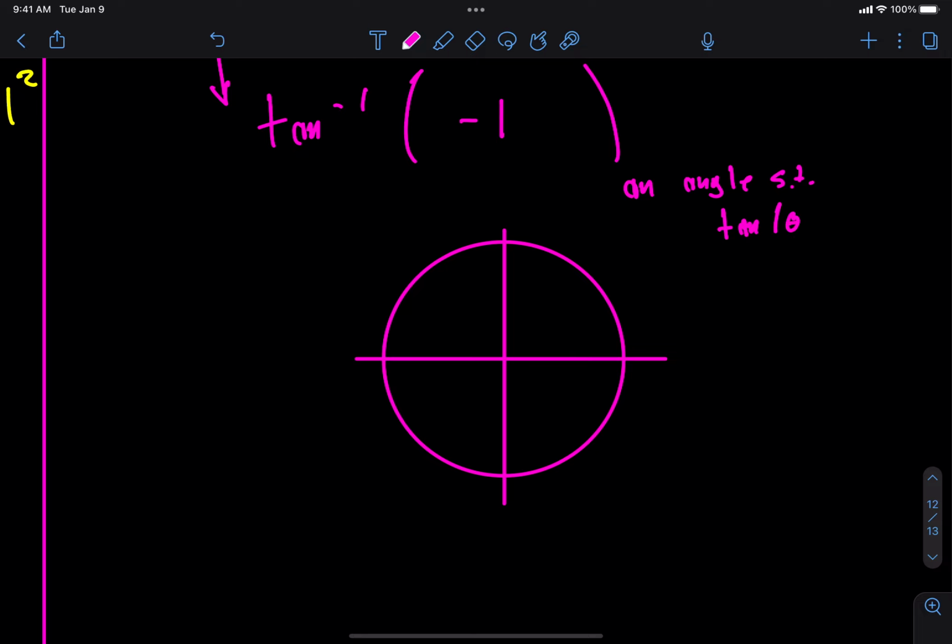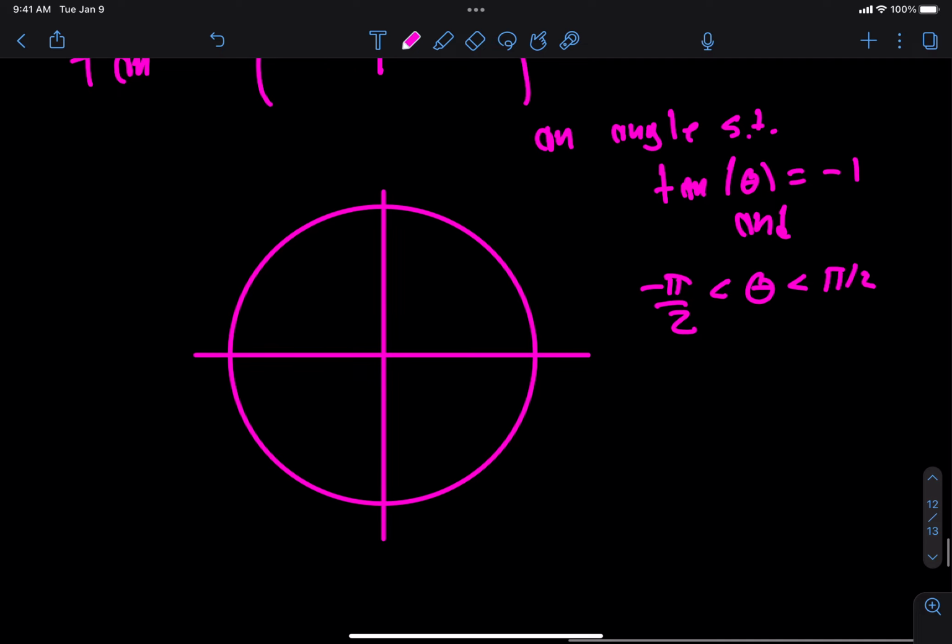Tan of that angle is negative 1, and what's the other thing that needs to be true for tan inverse? Not only does the angle need to give us a tan output of negative 1, but we also need one other thing to be true about that angle. That's being between negative pi over 2 and pi over 2, right? Theta needs to be less than pi over 2 and larger than negative pi over 2.